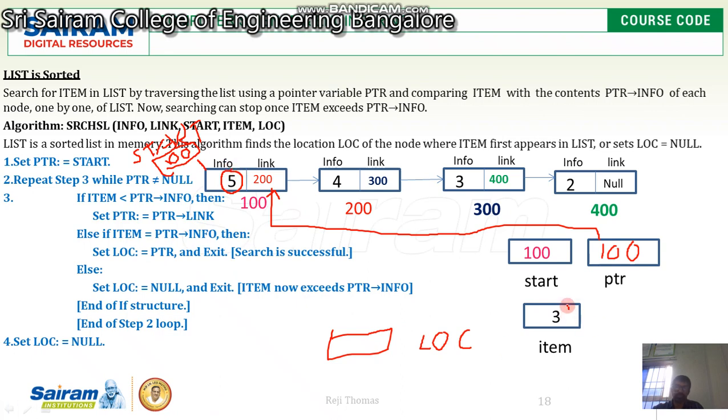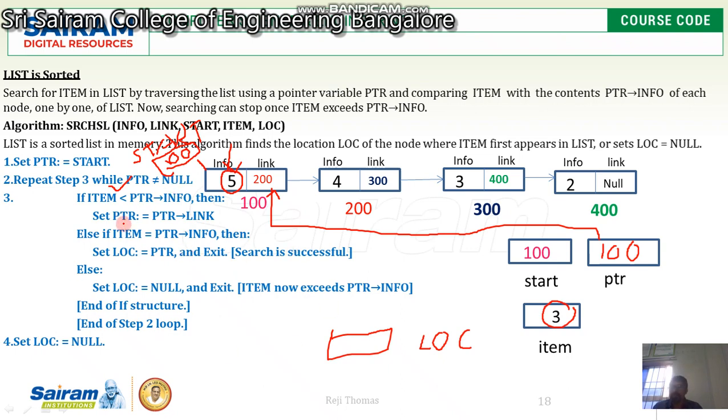The item is 3. So item is lesser than PTR info, this condition is true, right? The info is 5 and this is 3. 3 is less than 5. That means there is no match. I have not got any match for this. I'll go to the next node.